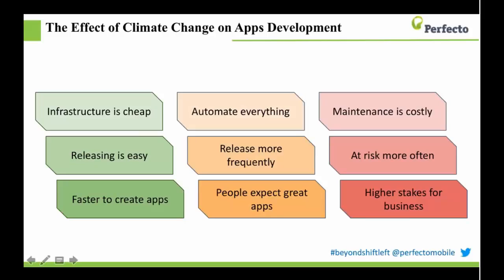So we've changed our technology landscape to meet these goals, right? Some of these things you might be familiar with. We've made infrastructure very cheap. We're making the process of releasing a non-issue. Everybody wants to create apps faster. And to do that, we automate as much as possible, so that we can release more frequently.